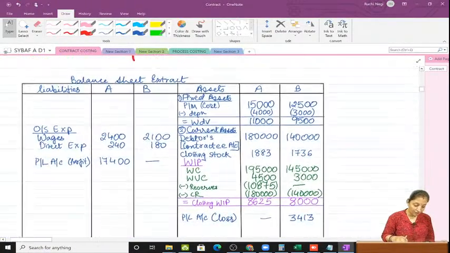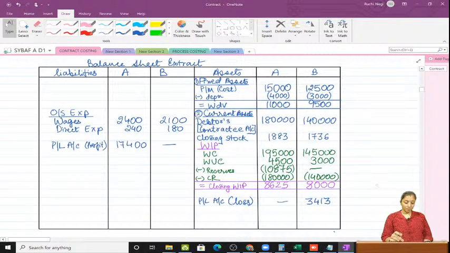And this is a balance sheet style of writing, with current assets. This is a balance sheet extract of a contract account, of contract costing. See, it starts with fixed assets: plant with its WDV, that is cost less depreciation. Then current assets bifurcation. You will have your debtors. Who are those debtors here?